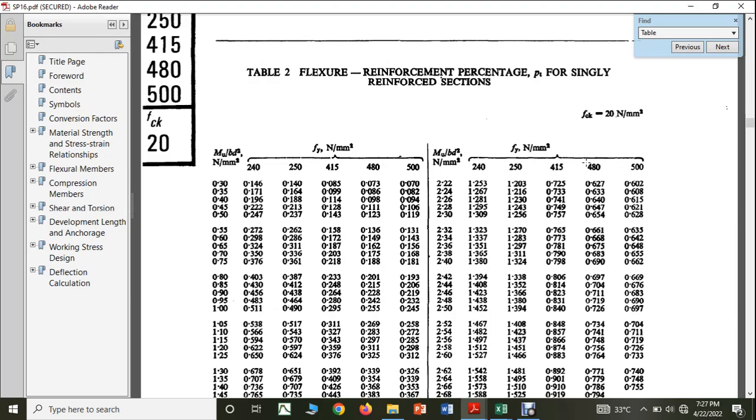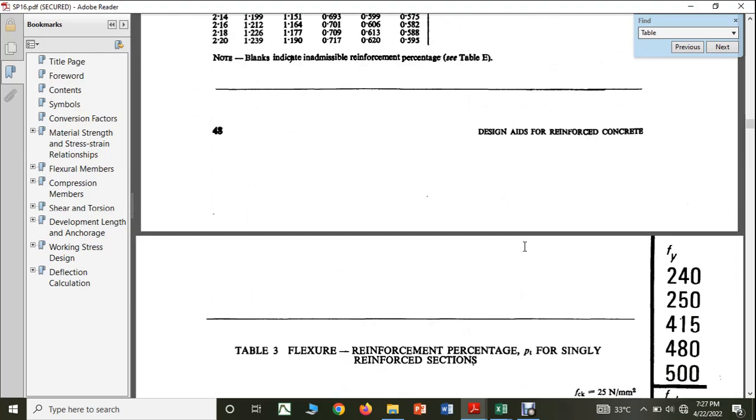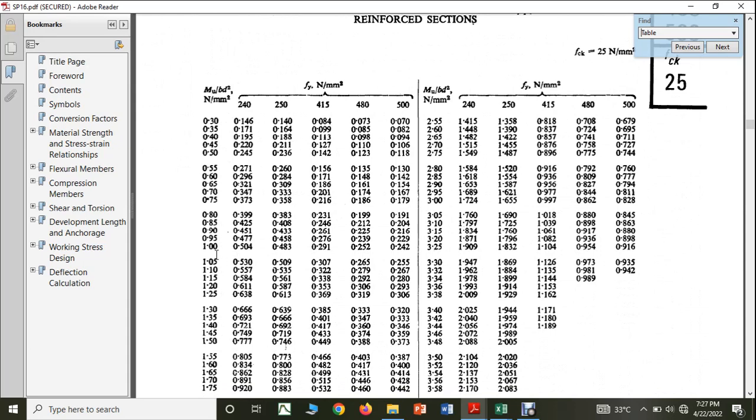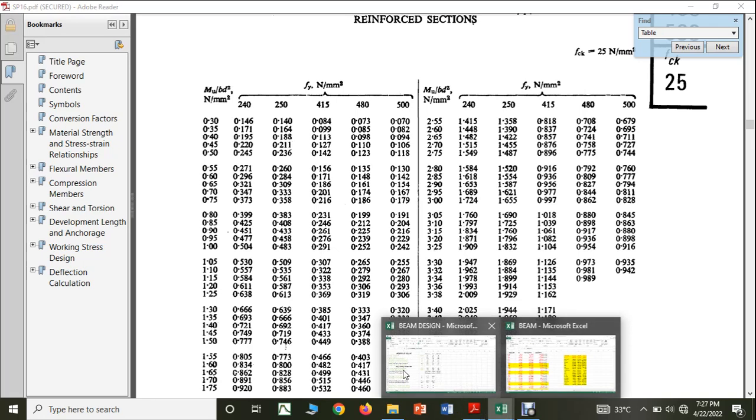Now according to this, it is 0.99, which means I can almost take 1. I am supposed to take the table for fck as 25, and for 1 and 415 the percentage of steel that you are going to get will be 0.291.